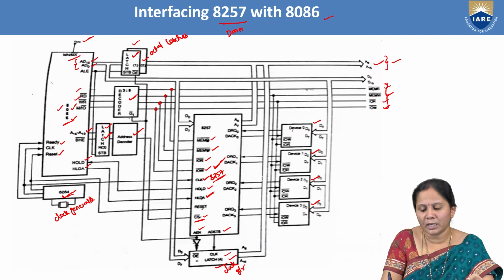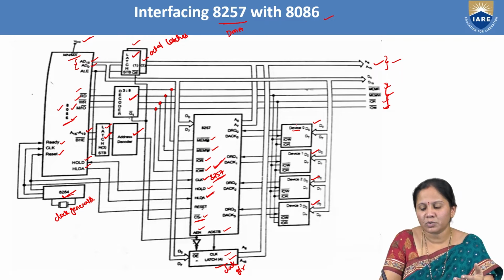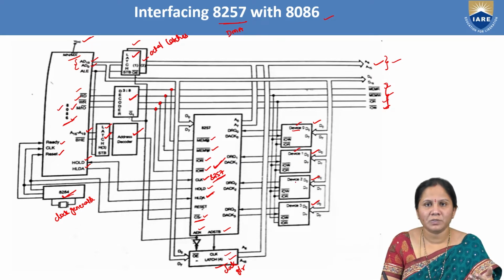For each channel one IO device can be connected. For channel 0 we can connect one IO device, which is called device 0. For channel 1, another device, device 1. For channel 2, device 2. And for channel 3, device 3.